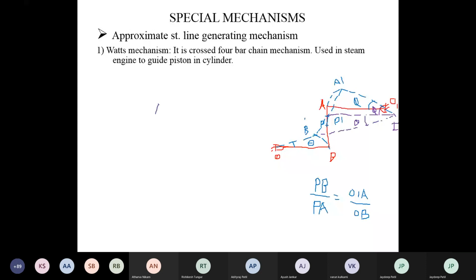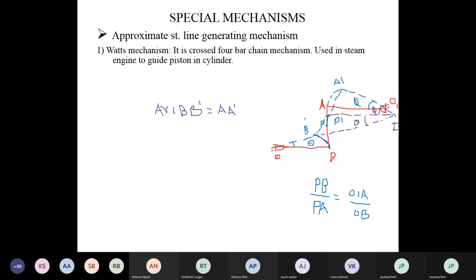Arc BB dash is equal to which arc? Arc BB dash is equal to arc AA dash, correct? This is the equal arc.